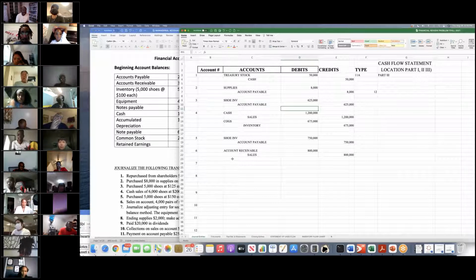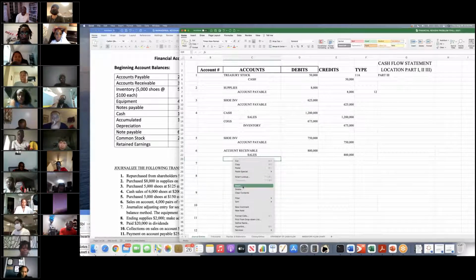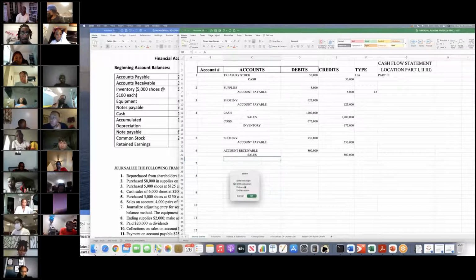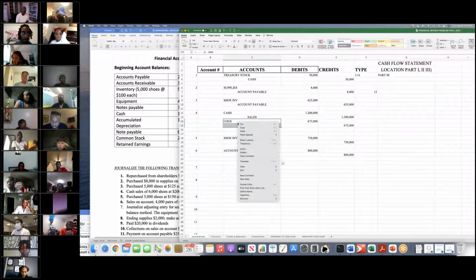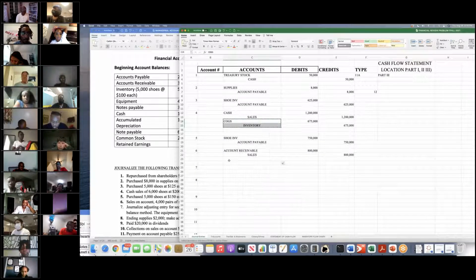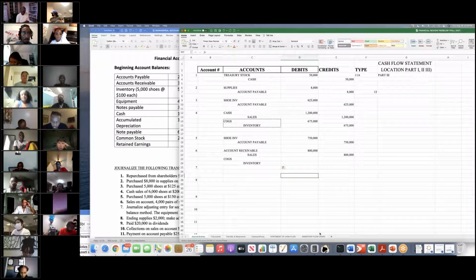And we got to make this journal entry here again. Debit cost of goods sold and credit inventory. Let's see how we're gonna calculate it.